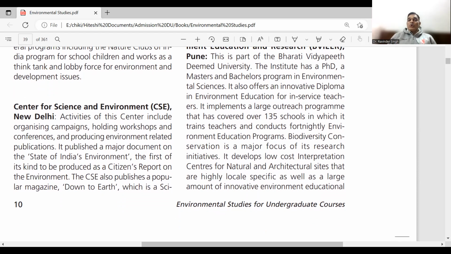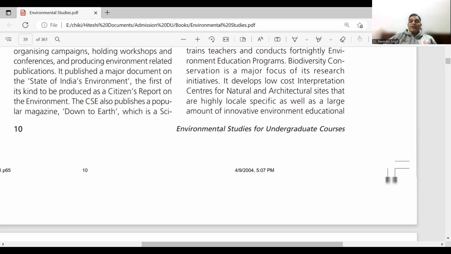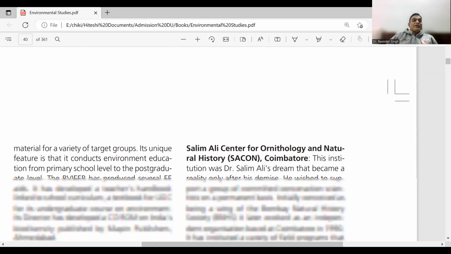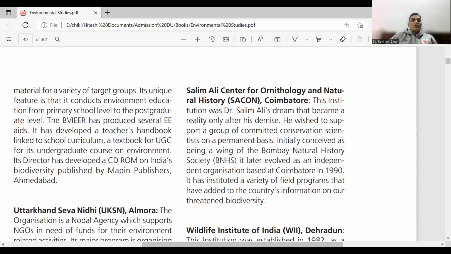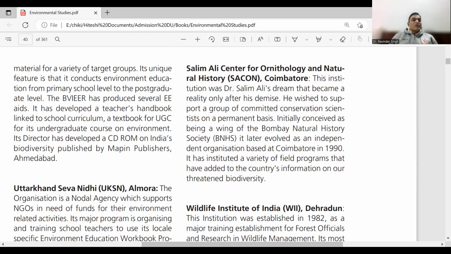It develops low-cost interpretation centers for natural and architectural sites that are highly local specific, as well as a large amount of innovative environmental educational material for a variety of target groups. Its unique feature is that it conducts environment education from primary school level to the postgraduate level.